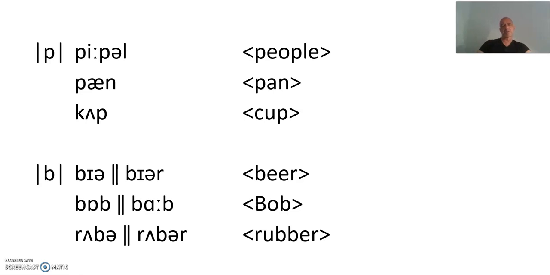The same with B, spelling representing the bilabial voiced plosive in a word like beer, okay, American English beer, or bob, American English bab, so I have two of them, rubber, American English rubber, okay, so for that, so yeah, but of course.